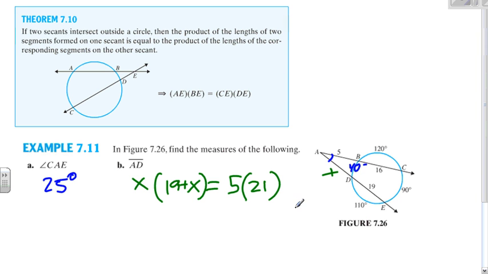Five times 21 is 105. If we distribute our x, we get 19x plus x squared.